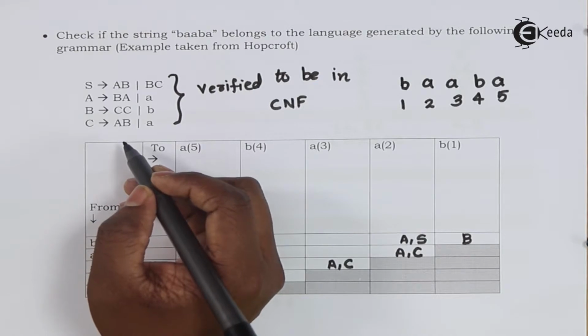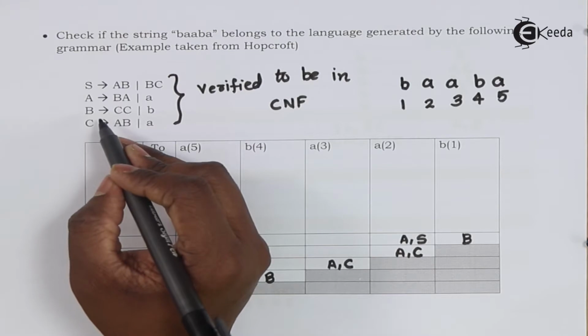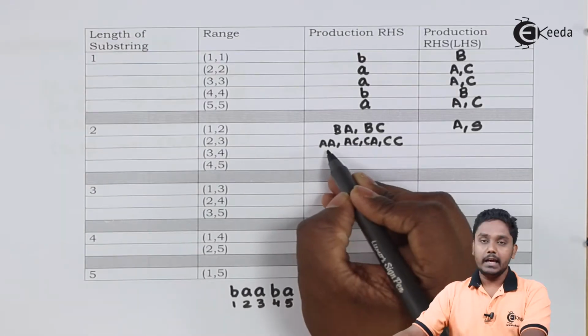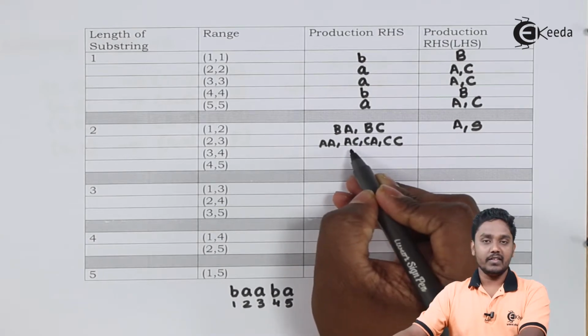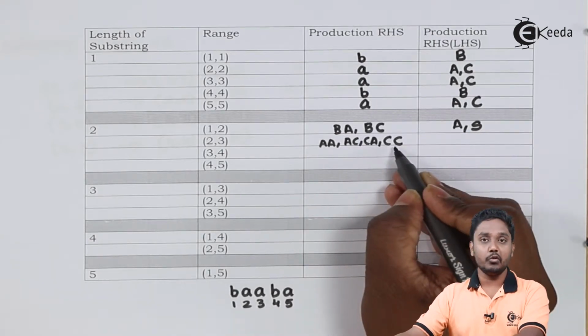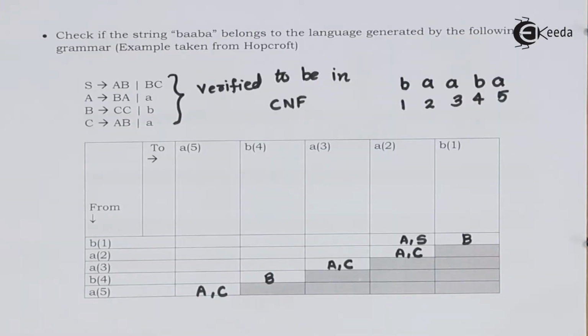CA is also not there in the production. But we have CC produced using B. So let us write B. And hence 2 3 in the table would be B. Over here in the table, row 2 column 3 would be B.